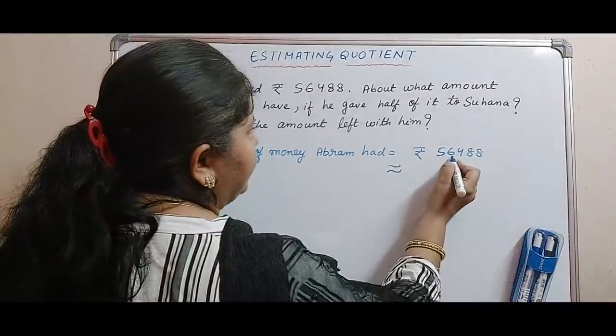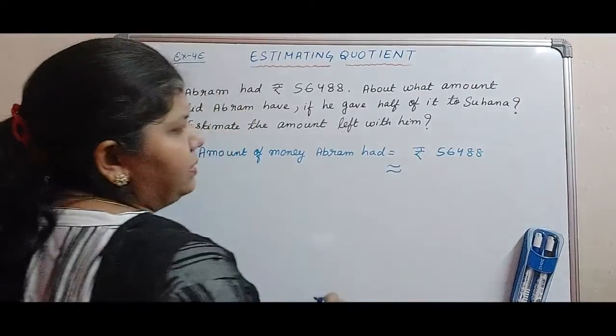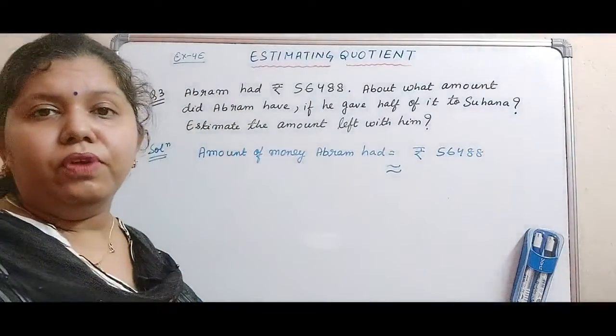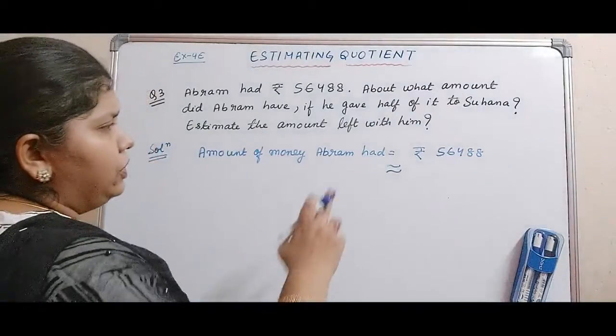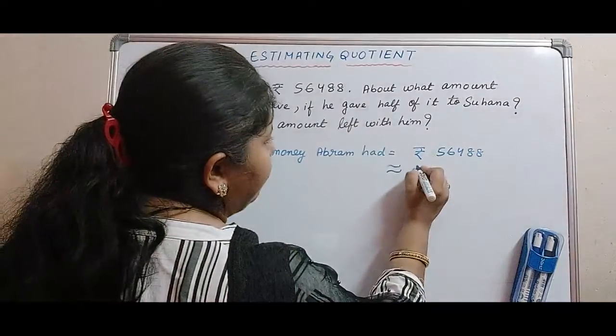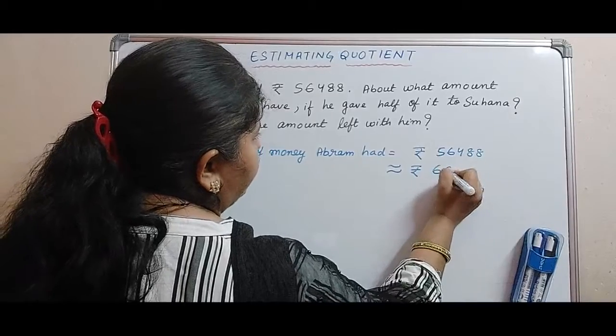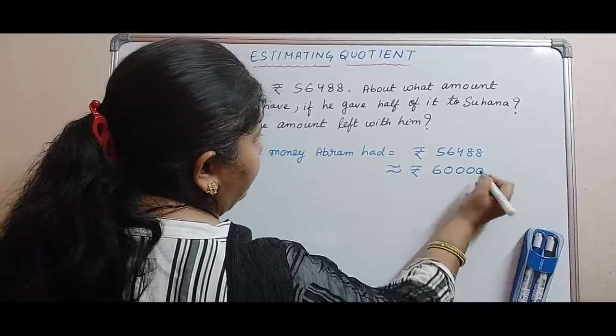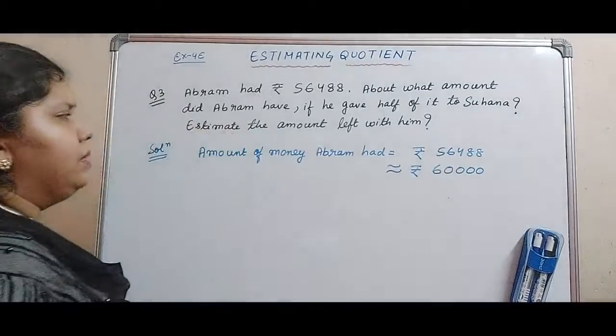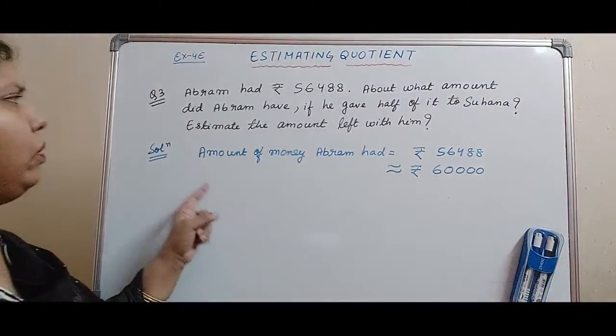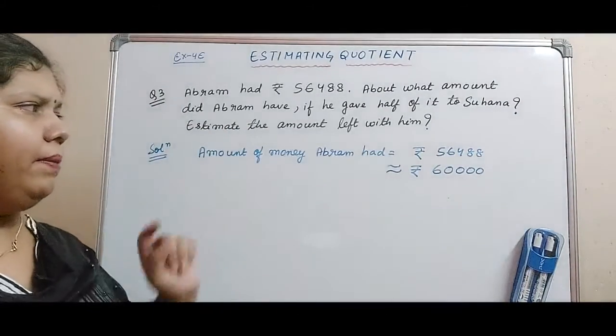Check the digit in the 1000 place, that is 6, which is more than 5. So the digit in the 10,000 place will increase by 1, it will become 6, and the rest of the digits change to 0. So 60,000 is the estimated amount of money with Abraham.